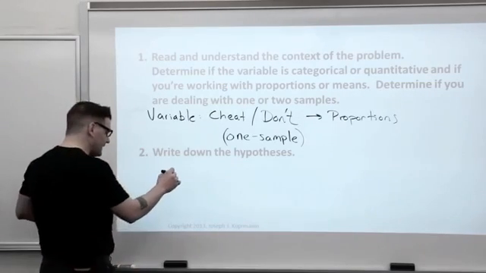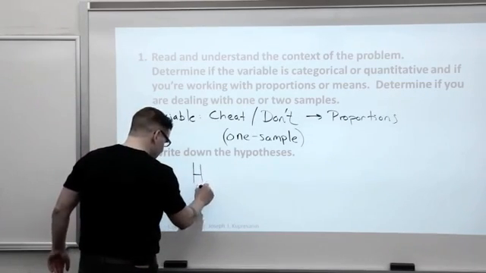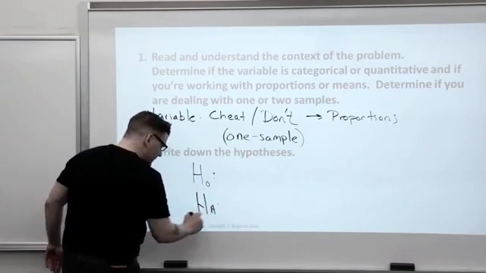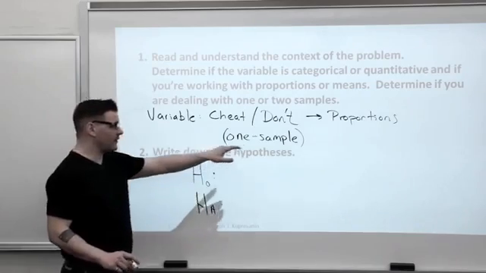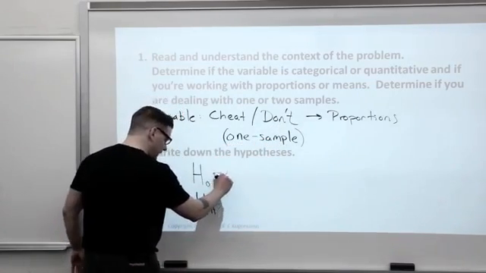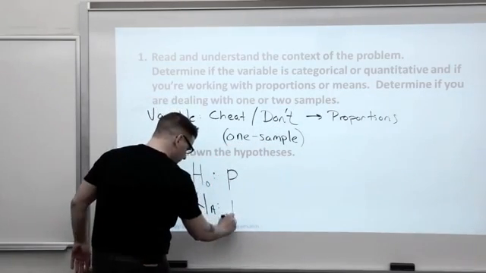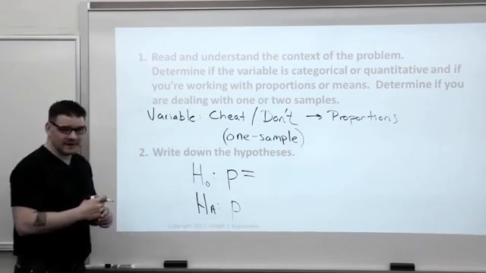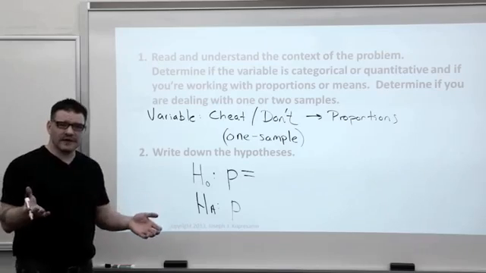Write down the hypotheses. All right, so here they come. H sub 0 for the null, H sub A for the alternative. I'm working with proportions, so the correct symbol is P. Let's put that in both spots. Always equals up in the null hypothesis. And what's the number we're testing?